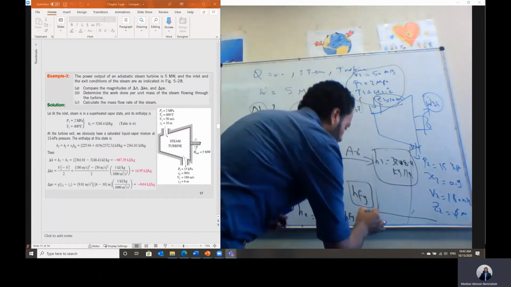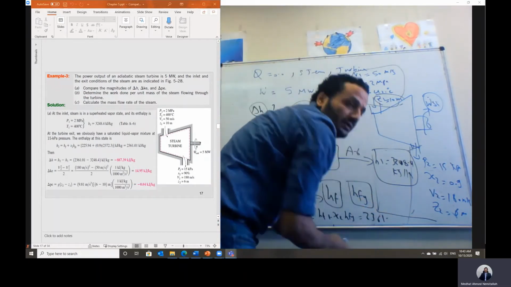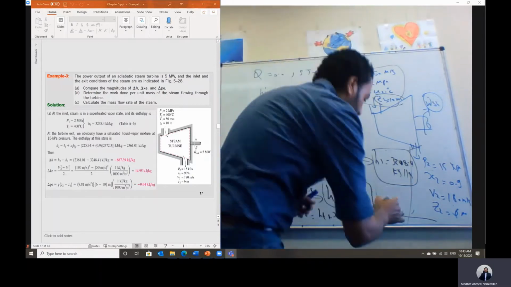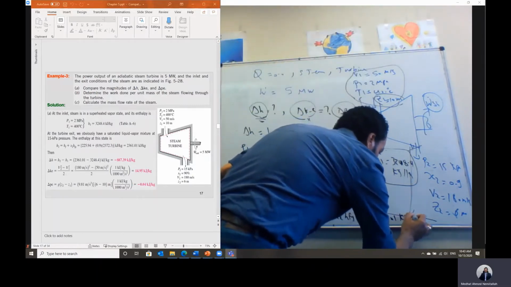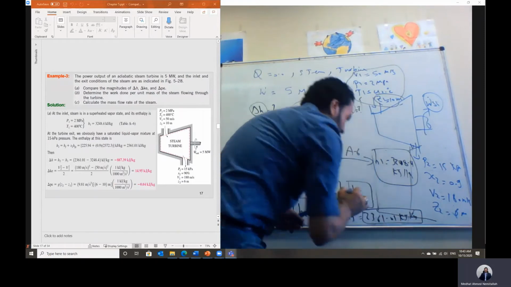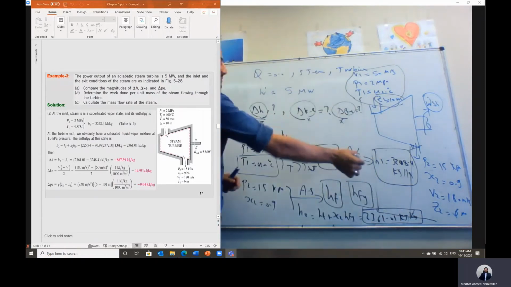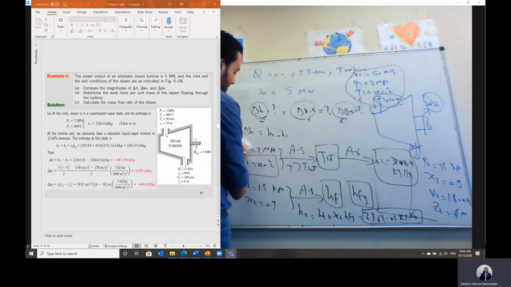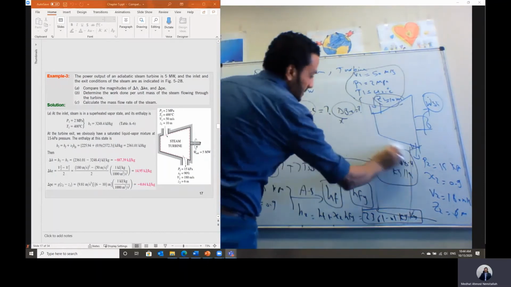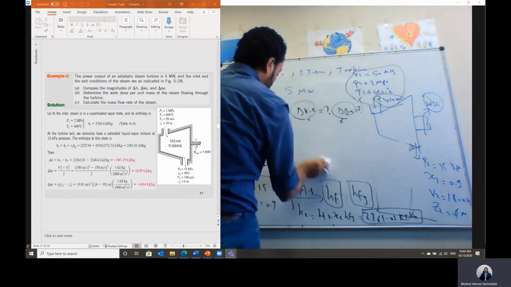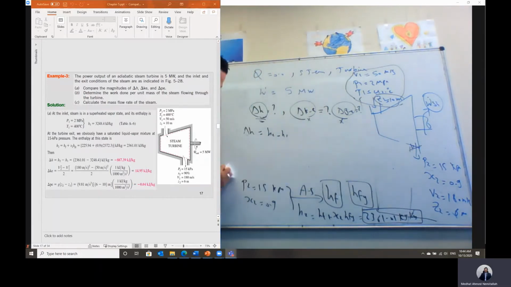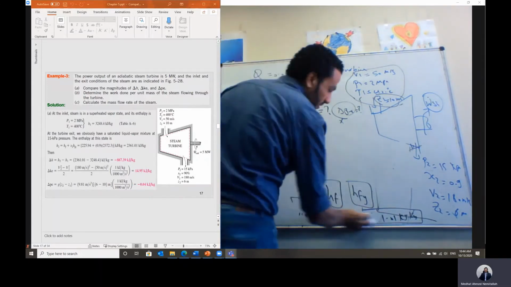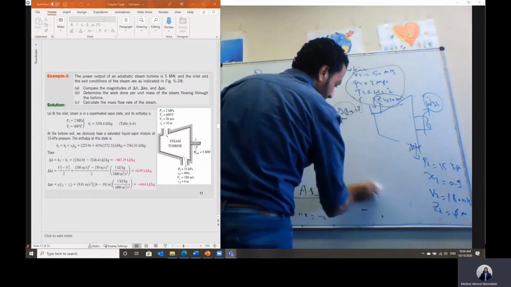H2 will equal 2361.01 kilojoule per kilogram. You can just check those values. So now we have the value of H1 and the value of H2. Then we can calculate the change of enthalpy, delta H, which is H2, the enthalpy of the exit steam, minus H1.